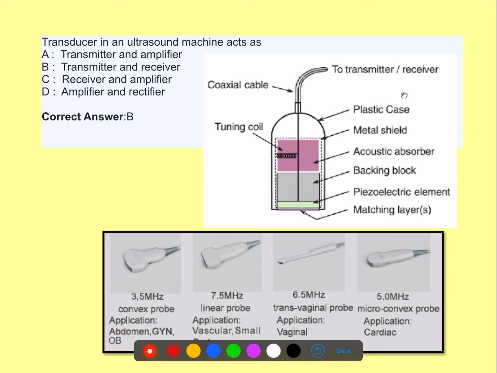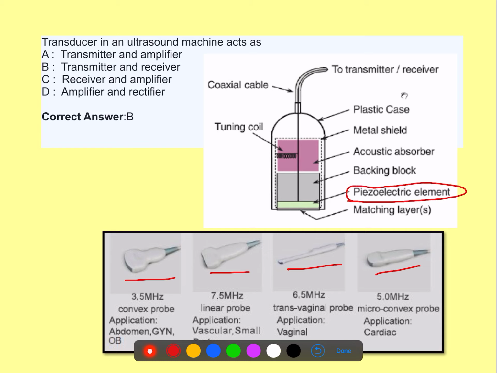So, the transducer in an ultrasound machine acts as what? This is the line diagram, the internal structure of the transducer. The main component of the transducer is nothing but a probe which is used during USG, that is ultrasonographic examination. This transducer consists of piezoelectric crystals or elements which are mainly useful for the transmission and receiving of echoes.